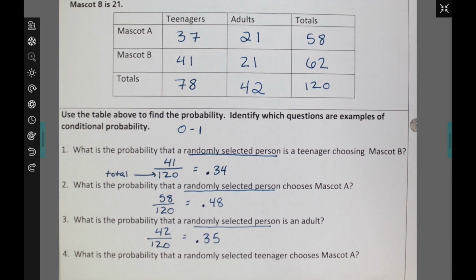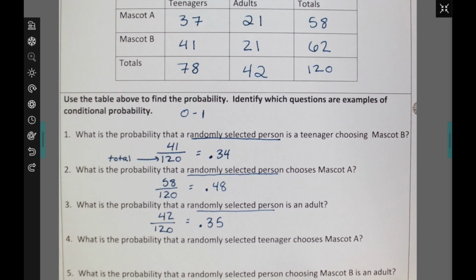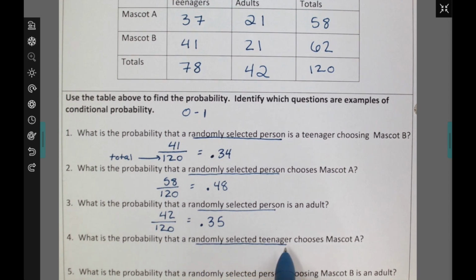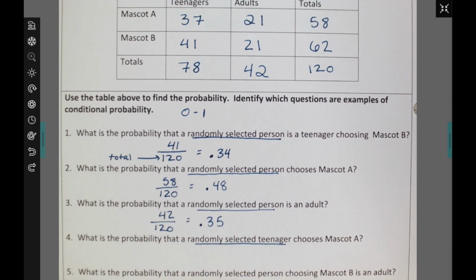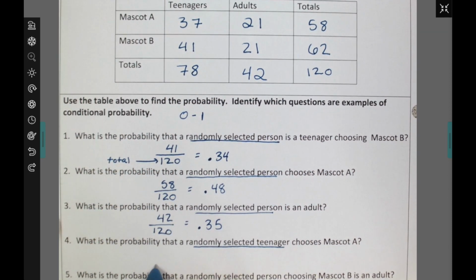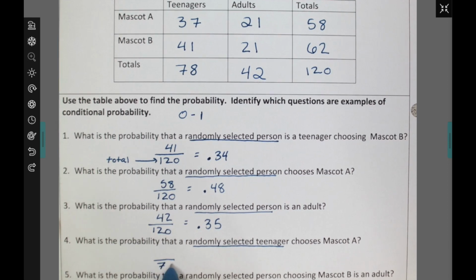Okay, these last three get a little interesting because our total amount of people we're dealing with changes here. For 4, you want to know what's the probability that a randomly selected teenager. Okay, so now we are picking from the teenagers. You look at our 2A table. How many teenagers do we have altogether? 78. That's now your denominator.